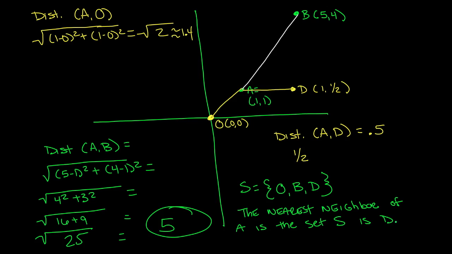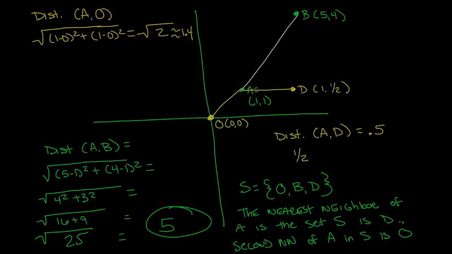The second nearest neighbor, second NN, of A in S is O, the origin. And the third nearest neighbor and the farthest away point is B. That's something we often use in data science. You have these 3 points, O, D, and B, and you want to say, if A had to be most like one of them, which one would it be? In this case, we see what it is.